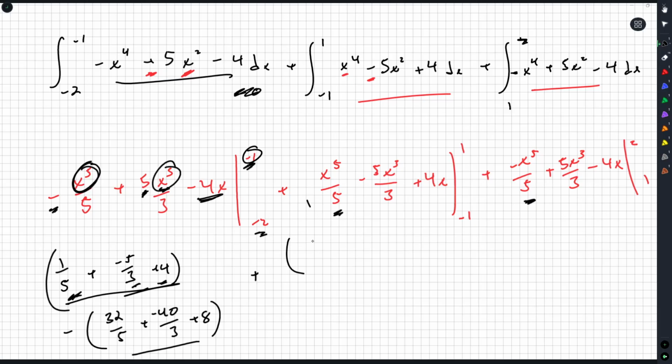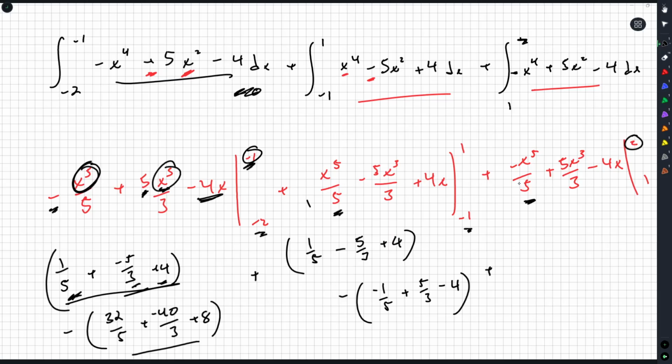So plugging 1 in, you'll get 1/5 minus 5/3 plus 4. And then minus, plugging in -1, so that'll be minus 1/5 plus 5/3, and then minus 4. And then for the last one, plugging in 2 here.